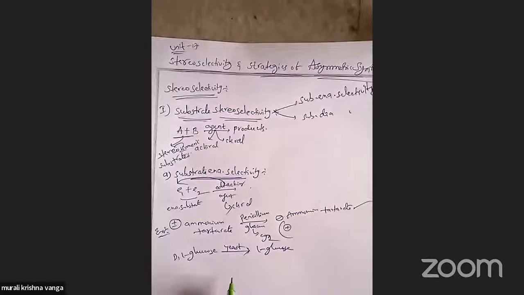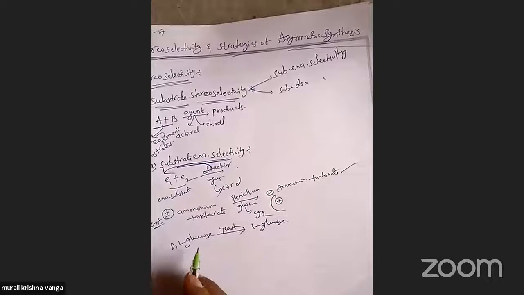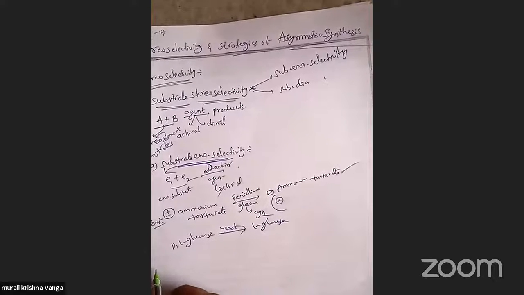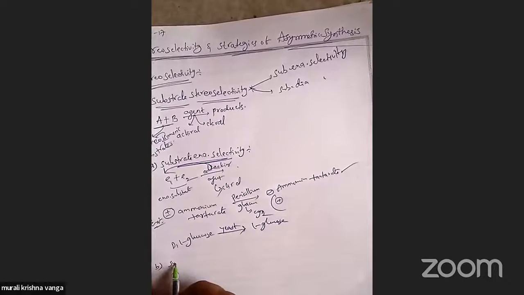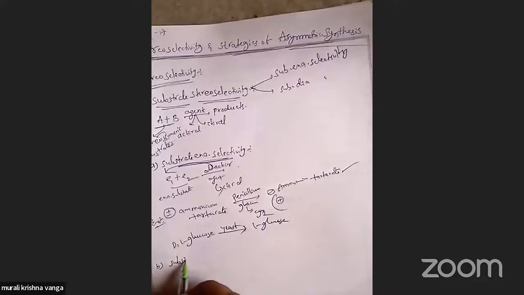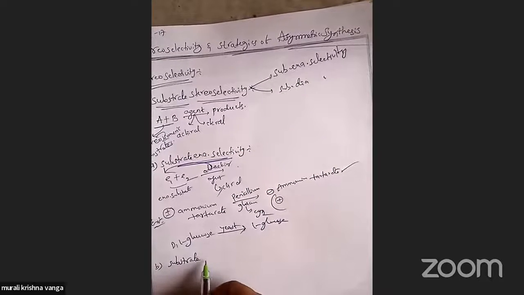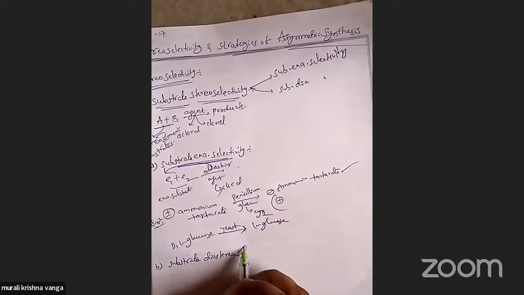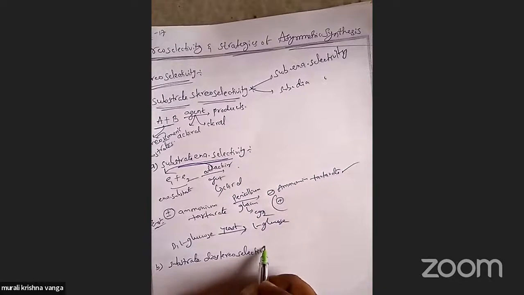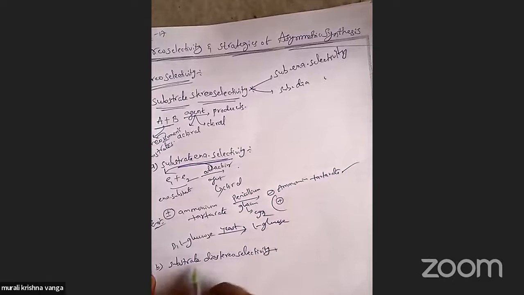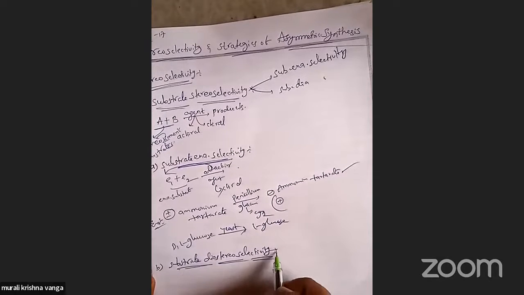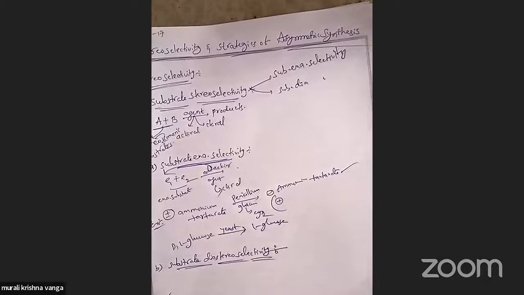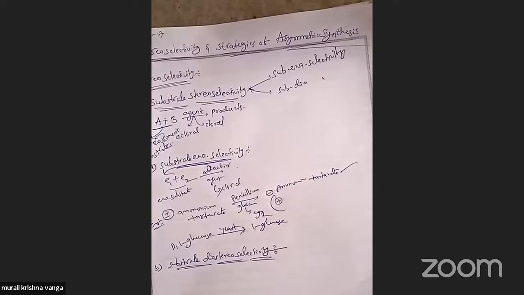Next one is substrate diastereo selectivity. In a chemical reaction, when the attacking agent discriminates between diastereomers, it is known as substrate diastereo selectivity.